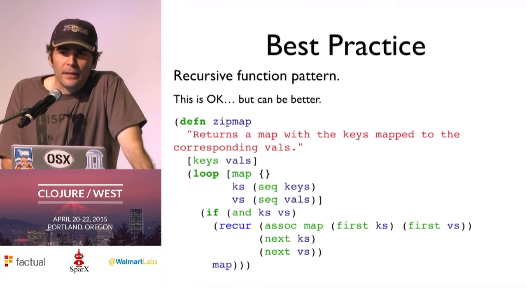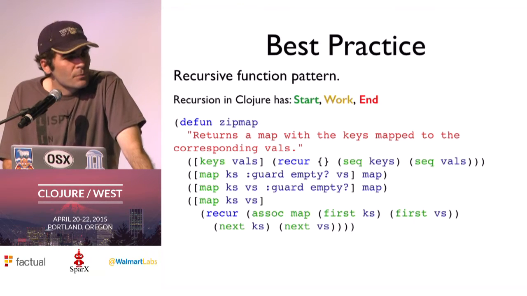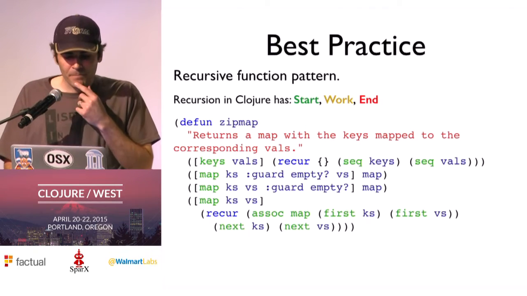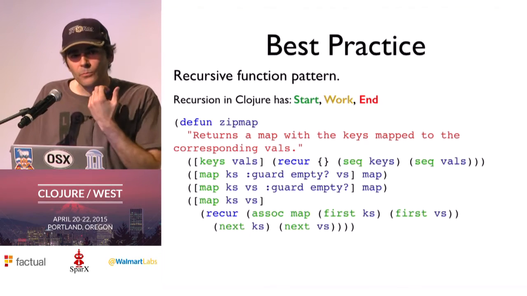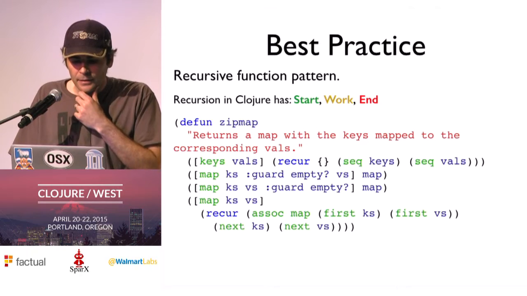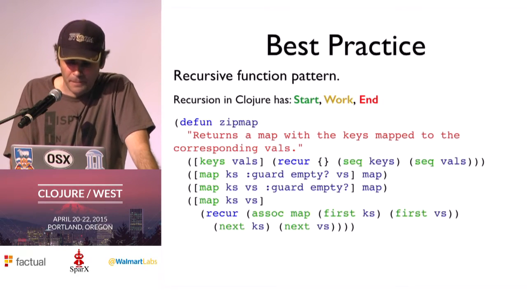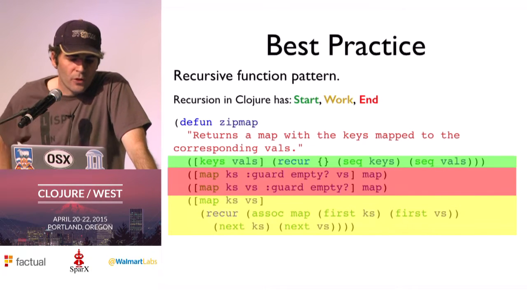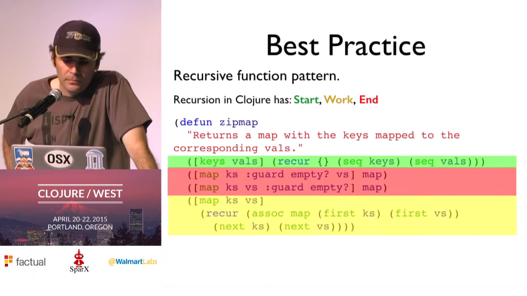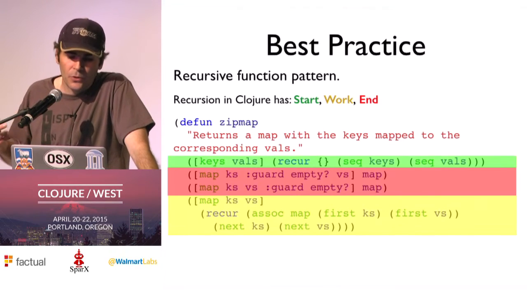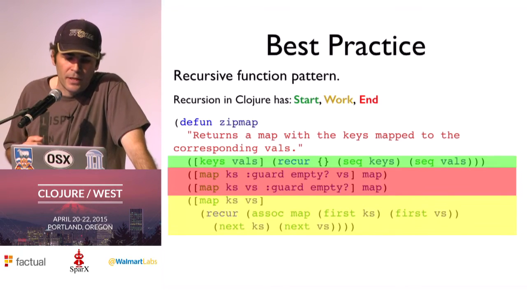And it's okay, but I think it could be better. And here's my implementation of it with defun and pattern matching. I think this is just simpler, more declarative, clearer, and I like looking at this code better. It makes more sense to me. So where's our pattern there? We've got four patterns, four cases. We've got our start case, coming in as arity 2, recursing with arity 3 with our initialized map.